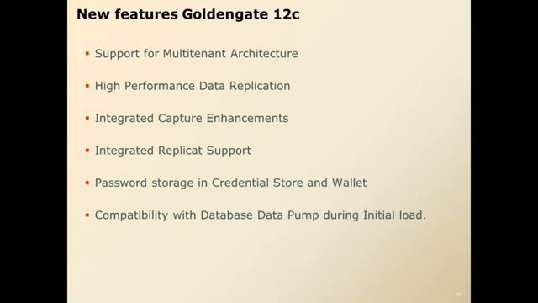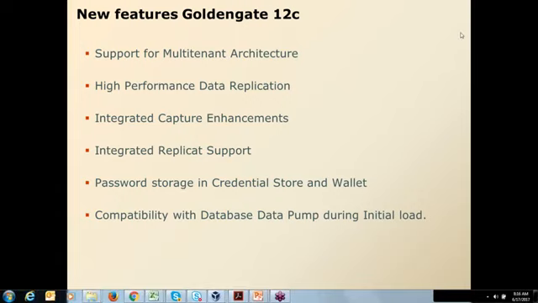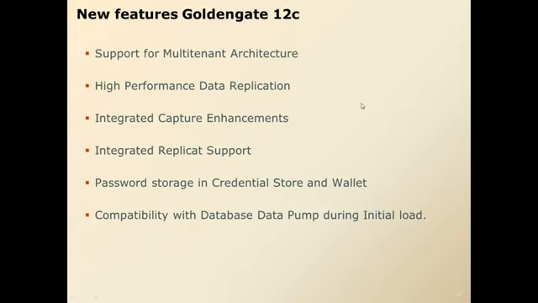High performance data replication: integrated capture and integrated replicat have been introduced. The security features, such as password handling, have been improved in Oracle GoldenGate from 12c onwards. Then compatibility with Database Data Pump during initial load.